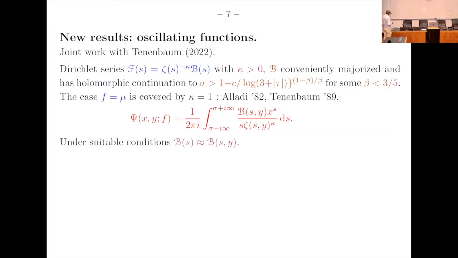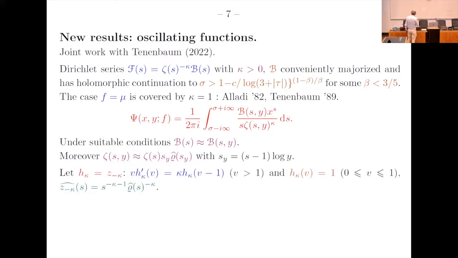And well, you see, B of s, y here is the sum of B of s, but only on the y variable. But under suitable conditions, you can approximate it by the Dirichlet series B of s. And then you can approximate the zeta of s, y by the previous estimate that I wrote here.